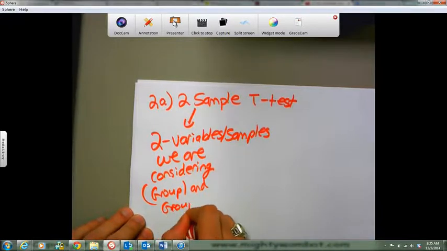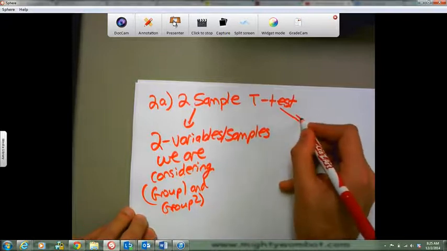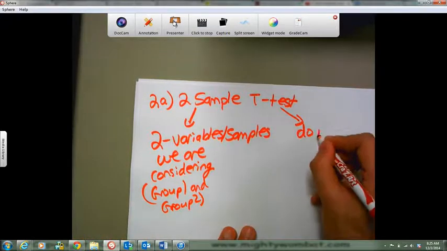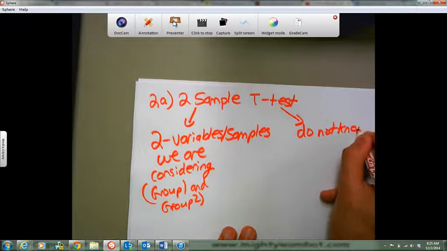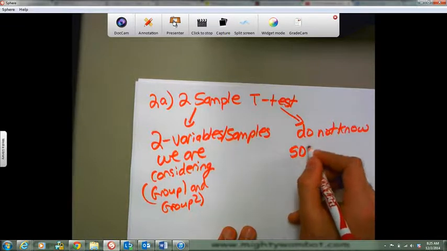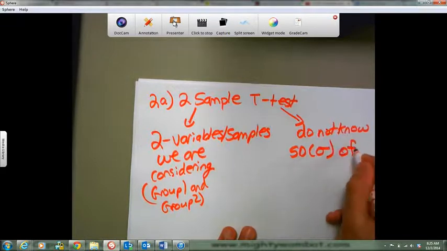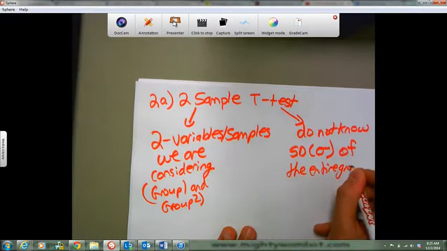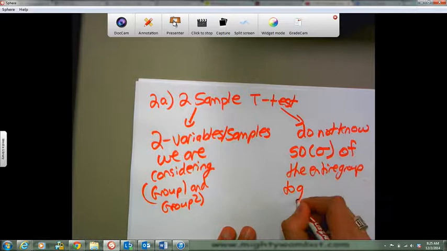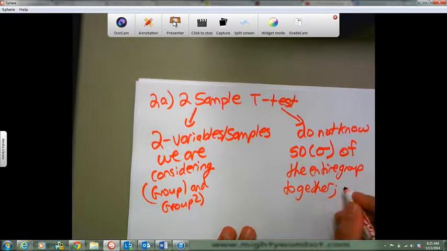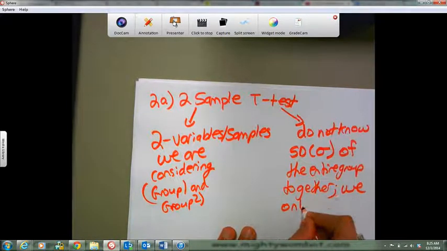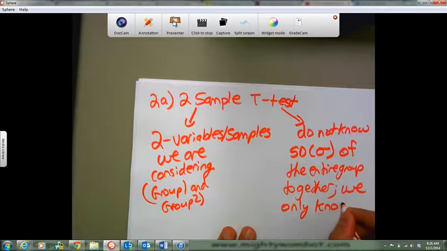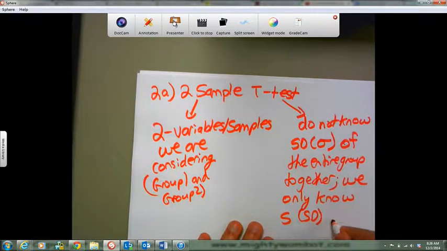And it's a t-test because we do not know the standard deviation of the entire group together. We only know the S, so the standard deviation of each group individually.